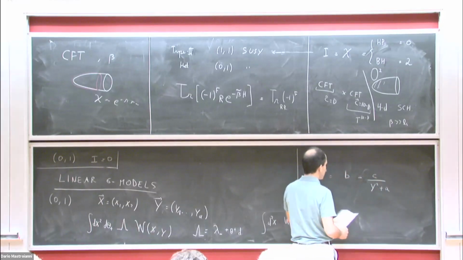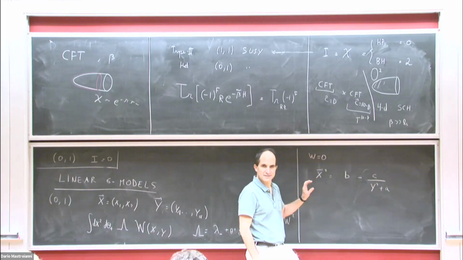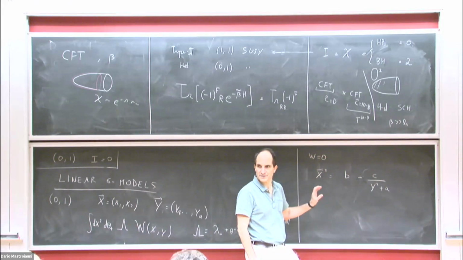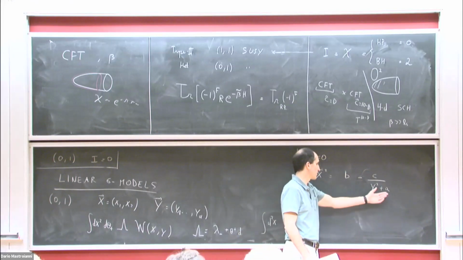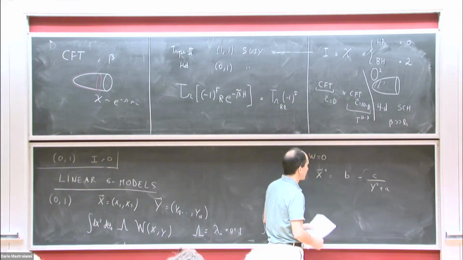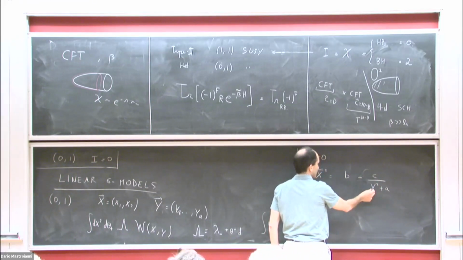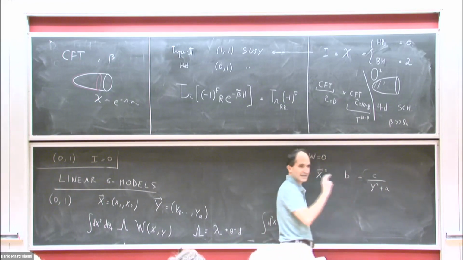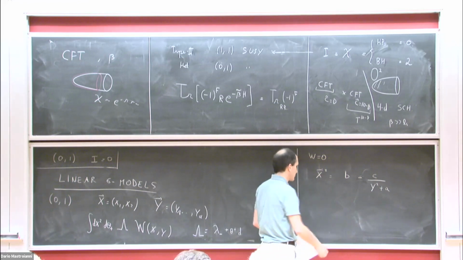What we see is that when y goes to infinity, this forms a circle of radius square root of b. And when y² becomes very small, if let's say c is very small, this is a circle slightly smaller. That's the Horowitz-Polchinski situation.